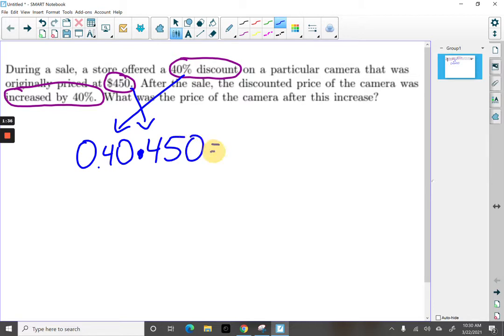What this does is we are taking the percent of the discount times my original price, and it is going to give me 180. In this case, $180.